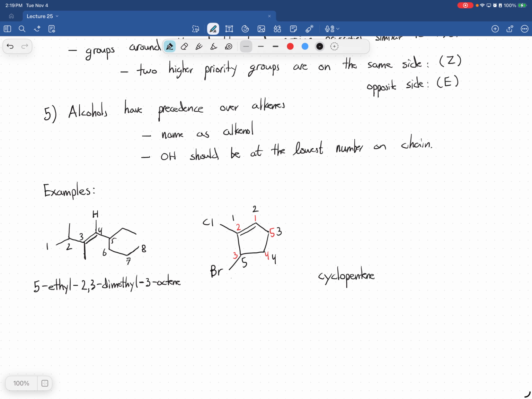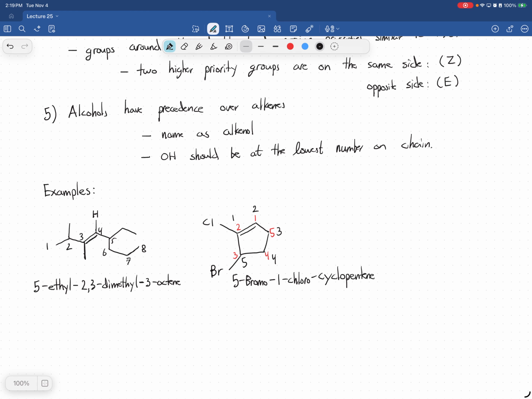So this one would be 5-bromo, 1-chloro. And then the 1 position. So if you have more substituents on the lower number, I think that's better. So the alkene and the chlorine are both at the 1 position.